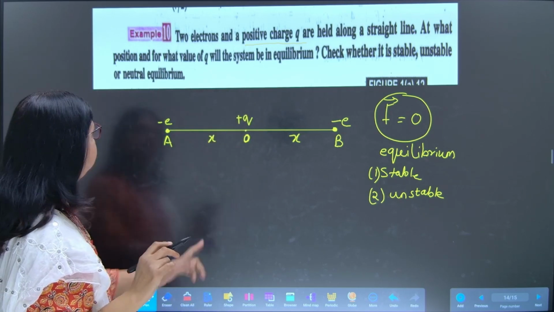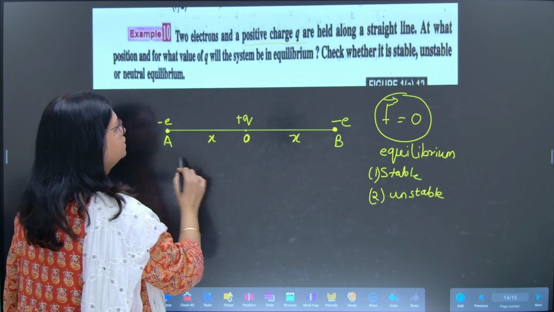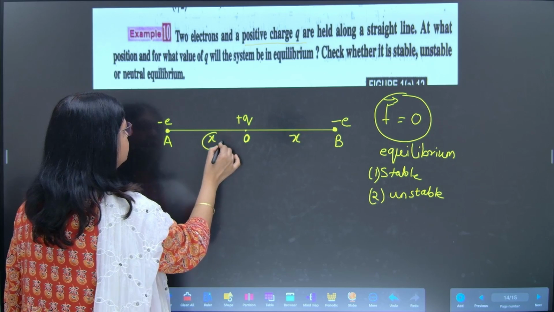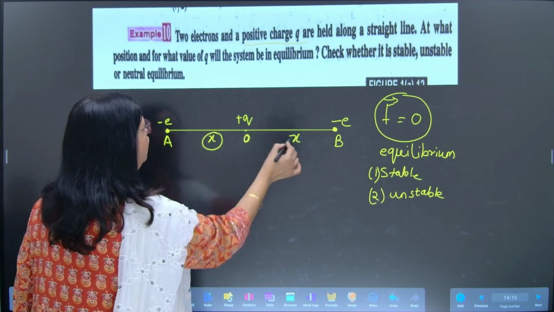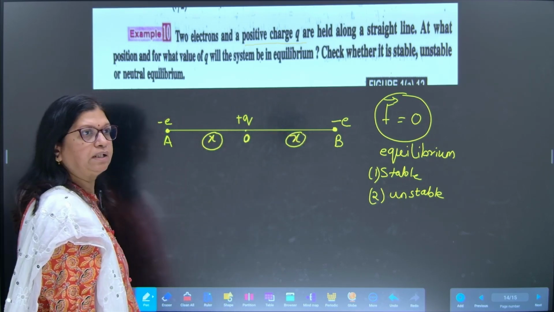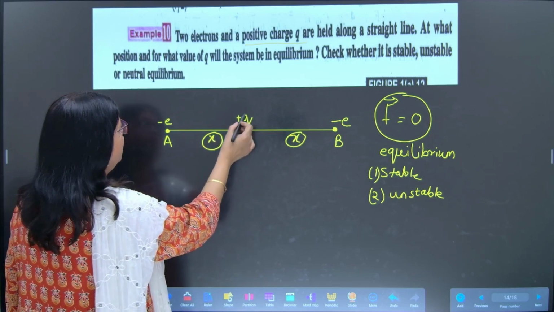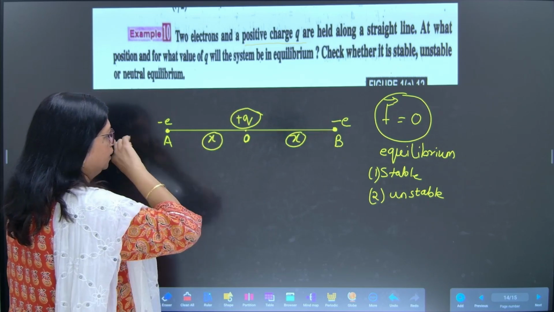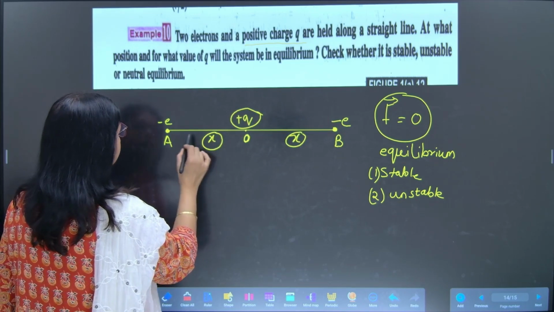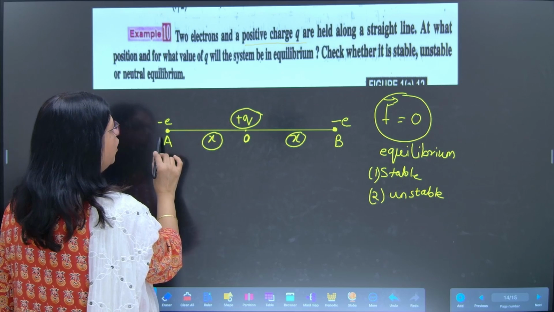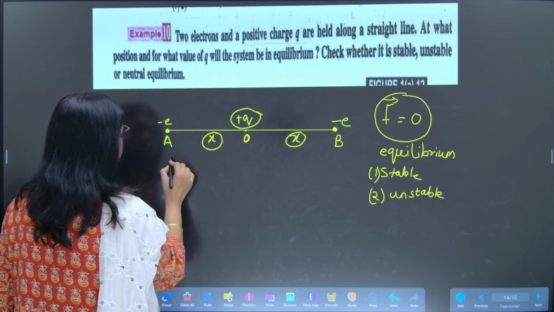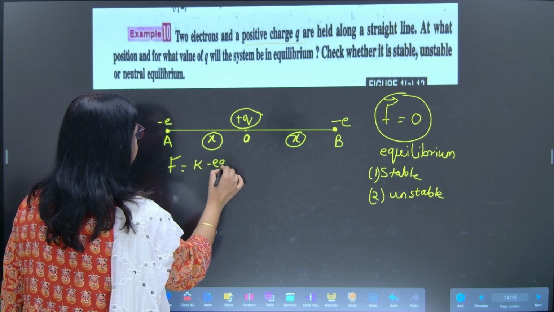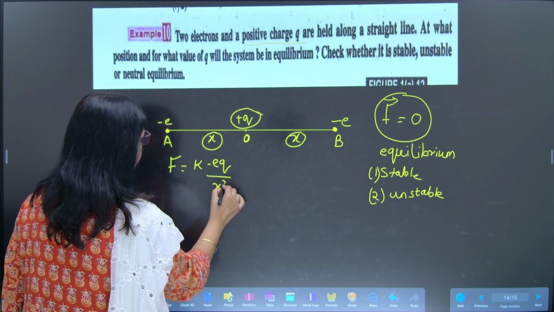So let us first consider that Q is placed at the center of the line joining the 2 electrons. So this portion has a distance x from the origin O, center O, and the other portion is also x from the center O. Now for the forces on the charge Q to be equal to 0, we can write the force due to the electron on plus Q: F is equal to K times E Q, charge 1 times charge 2, upon x square.